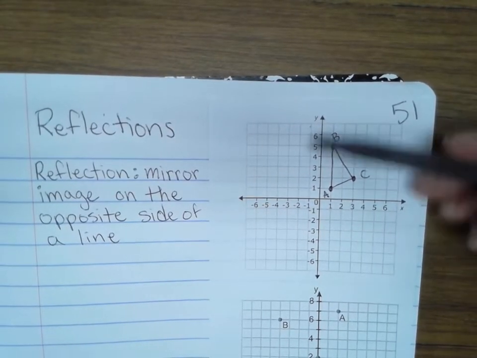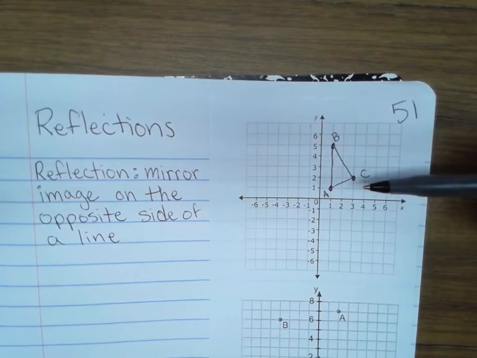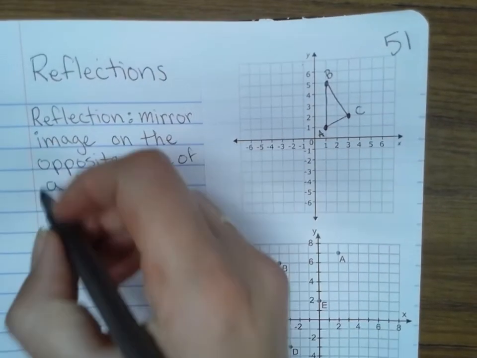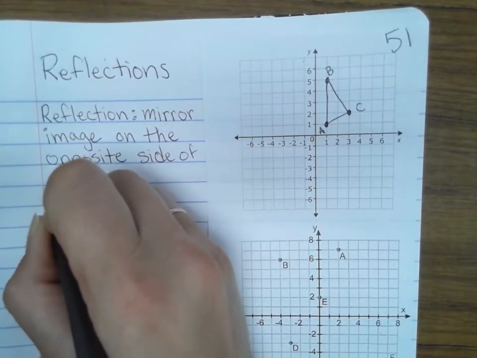Okay, so if we have this and we want to reflect it, we first have to have a line to reflect it across. So basically our line of reflection. So the next definition I want is line of reflection.